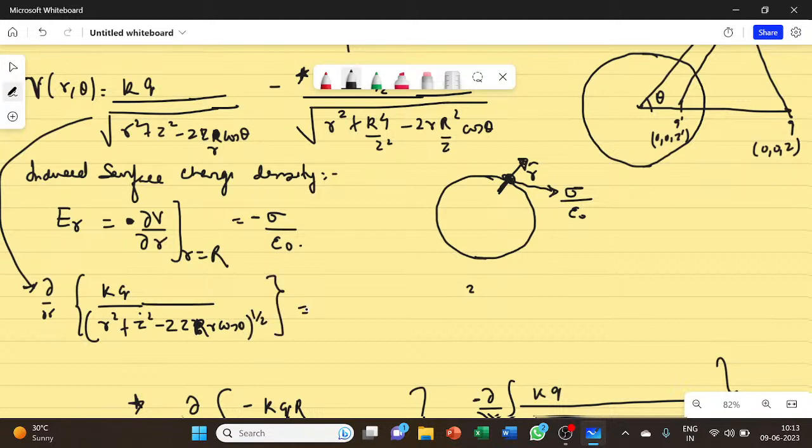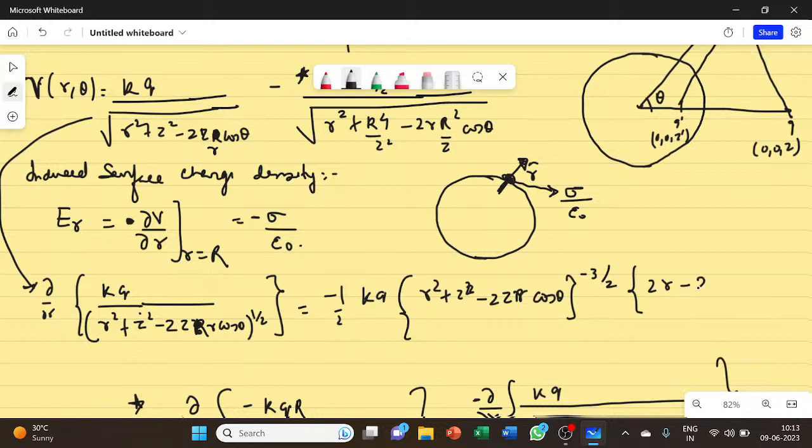So I will get simply minus 1 upon 2, this is kq, and then r square plus z square minus 2zr cos theta raised to power minus 3 by 2, and then 2r minus 2z cos theta.